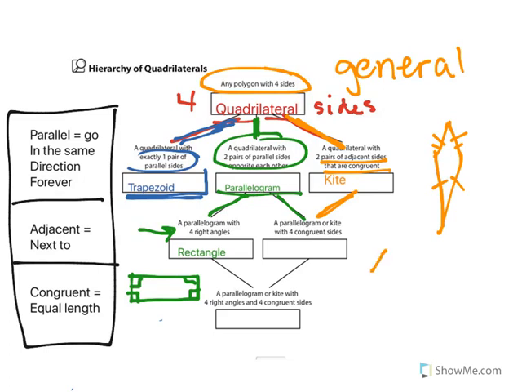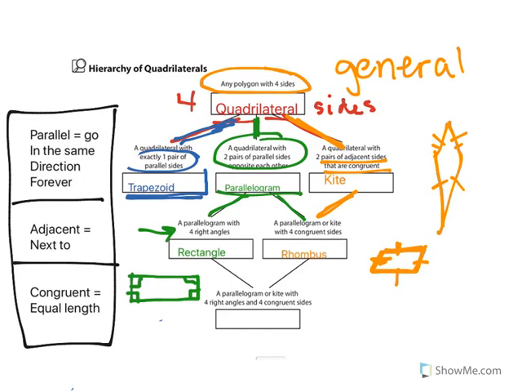So that's a shape that has 4 equal-sized sides, no right angles, and 2 sets of parallel lines. It also has 2 adjacent sides that are congruent. They're all congruent, all 4 of them, and those 2 parallel sides. So what is that shape called? Excellent, that is a rhombus, okay?